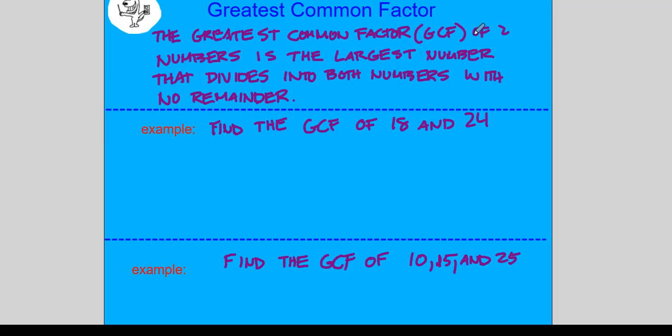So the greatest common factor of two numbers is the largest number that divides into both numbers with no remainder. So let's take 18 and 24.